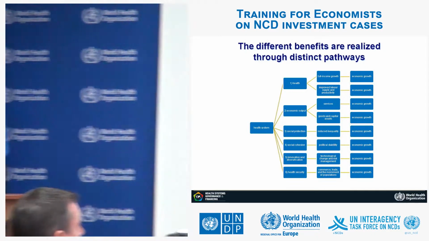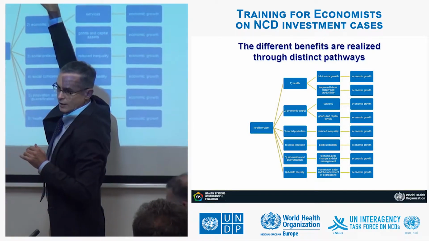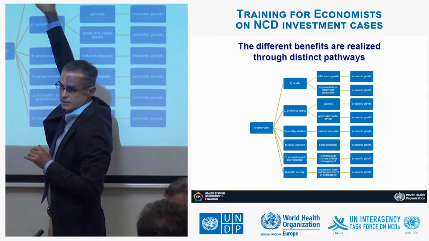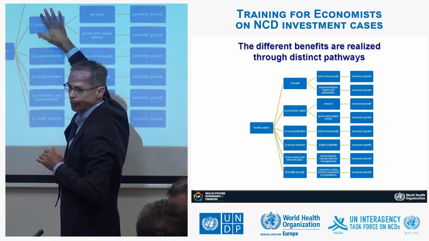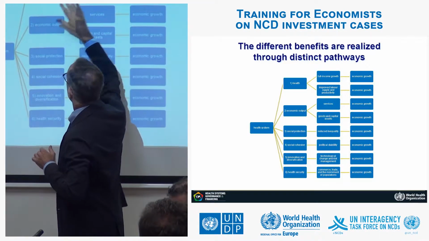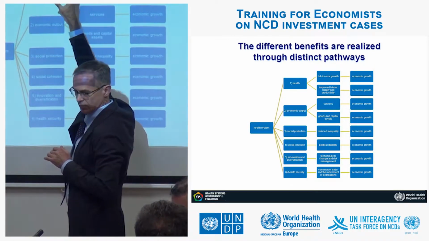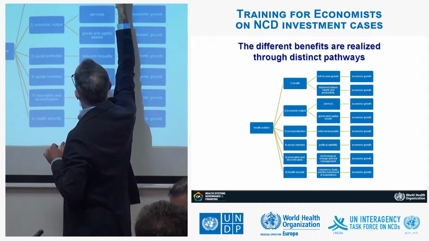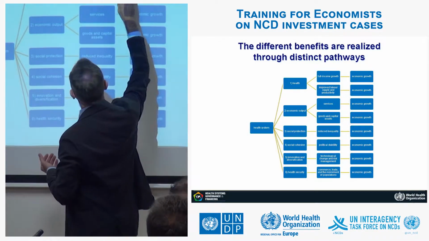So the health system produces health, and that's what I've been saying in the last slide. But it also produces some economic benefits, okay? So when we think about how we count these up, we want to value them in some way for an investment case.